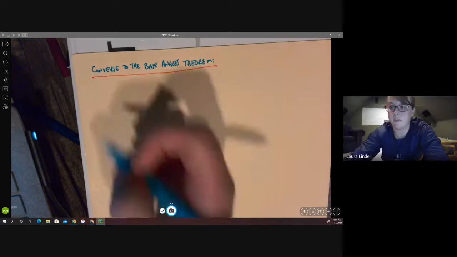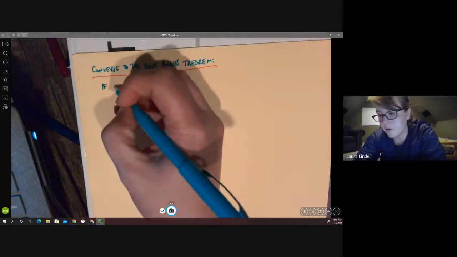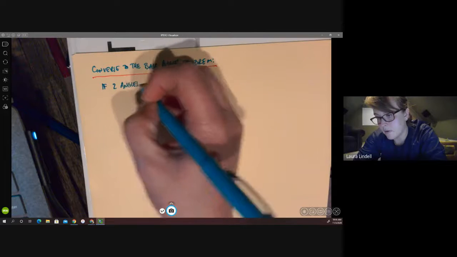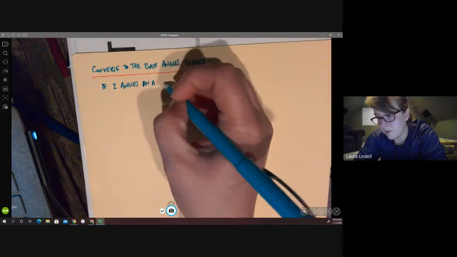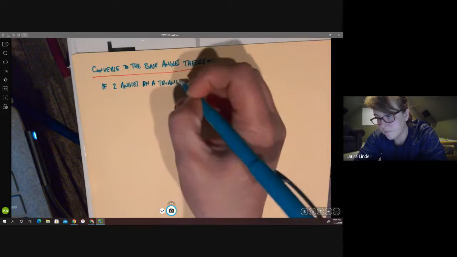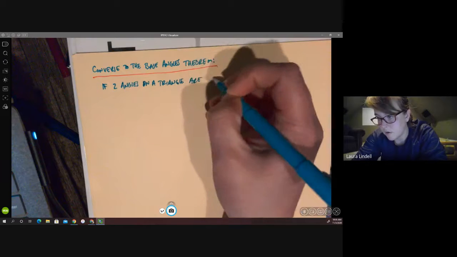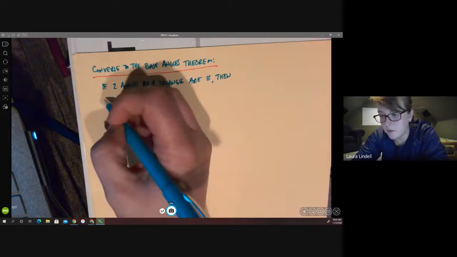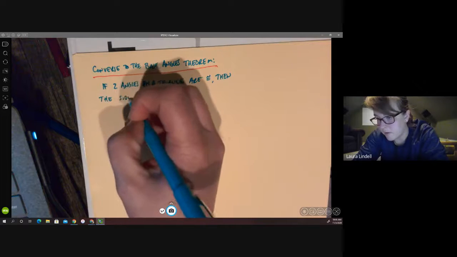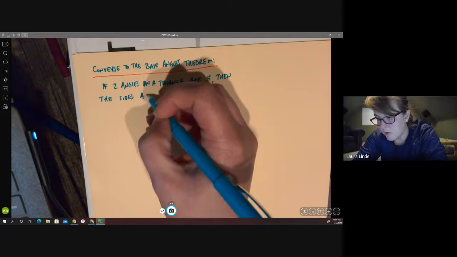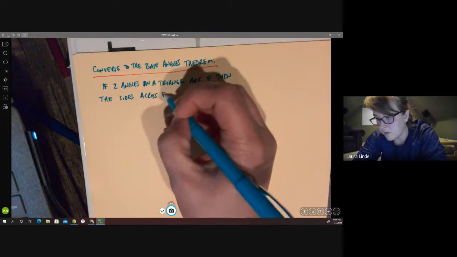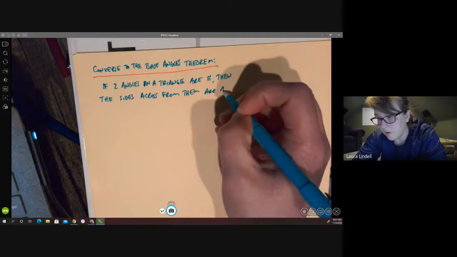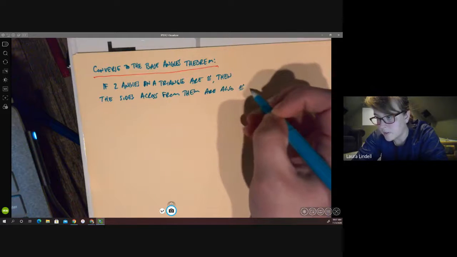Okay, so the converse says if two angles on a triangle are congruent, then the sides across from them are also congruent.